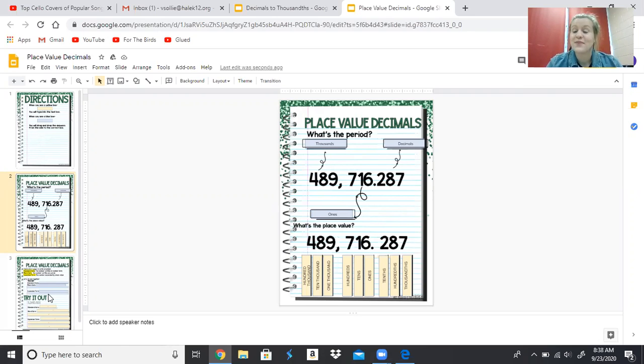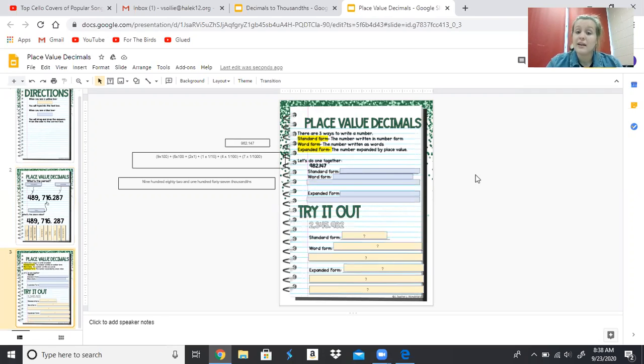Make sense? Awesome. Now we're going to talk a little bit about how we can write and say our numbers with decimals in standard, word, and expanded form. So when we start, we have 982 and 147 thousandths. That means that we have 982, that's our whole number. And then our decimals are 147 thousandths, and the word "and" represents that decimal point, okay?